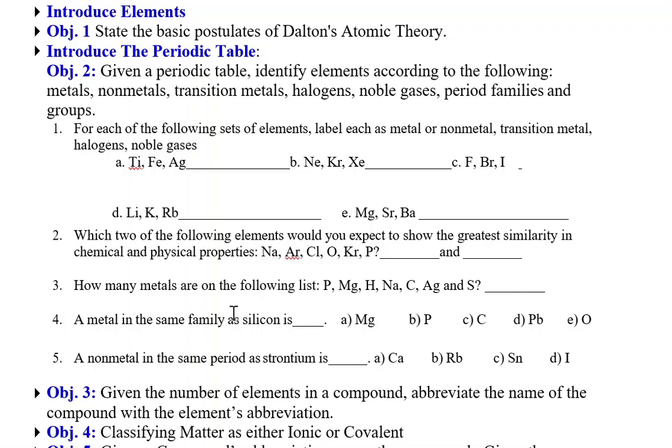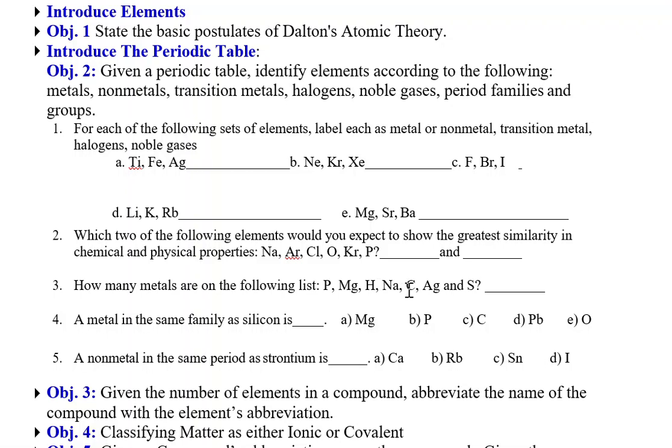So let's look at this. Metals. Well, P, that's in that far right block. That's element number 15, so that's not a metal. Magnesium, though, now there we go. That's column 2A. That's going to be a metal. Hydrogen, even though he's on the left side, remember, clearly not a metal, never a metal. Sodium, going to be in column 1A, so he's going to be a metal.